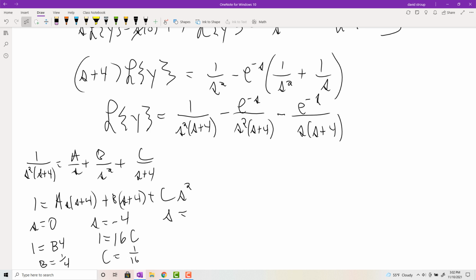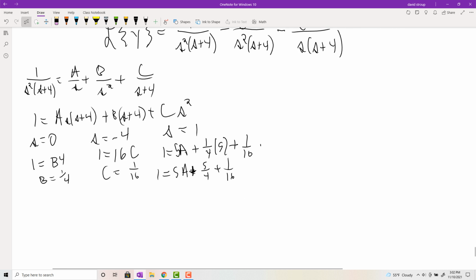Let s equal 1, you get 1 equals a times 5 plus 1/4 times 5 plus 1/16 times 1. So I'll have 1 equaling 5a plus 5/4 plus 1/16.